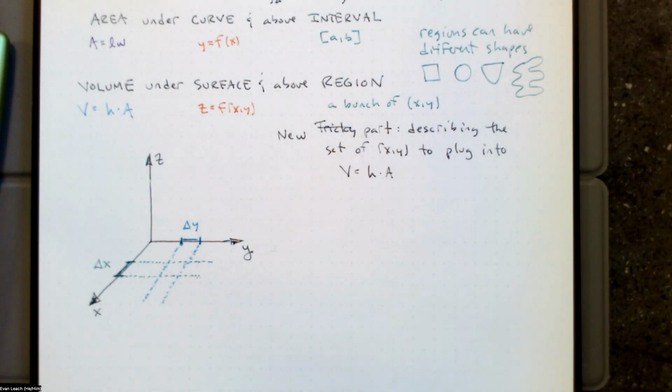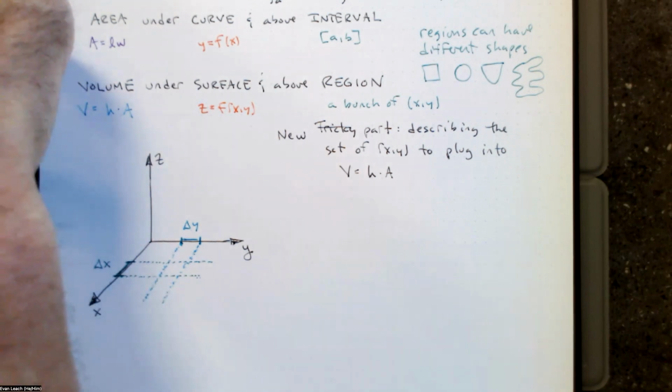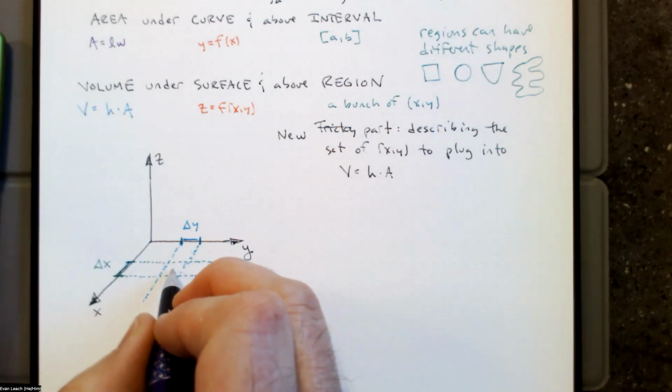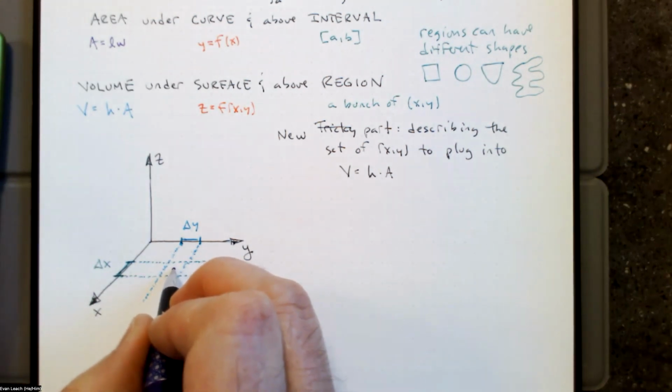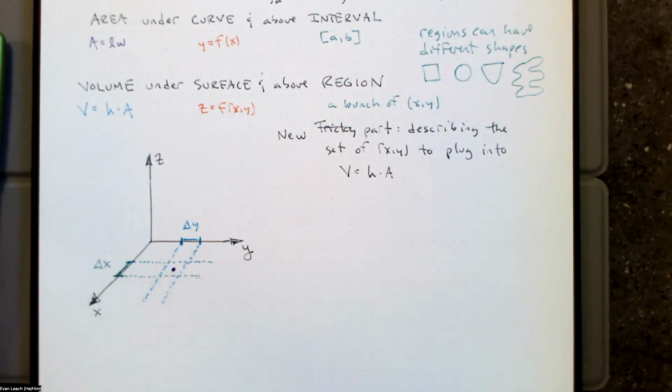For this little patch of floor, we're just going to make the function constant. And we're just going to take some point from that little patch and evaluate the function.